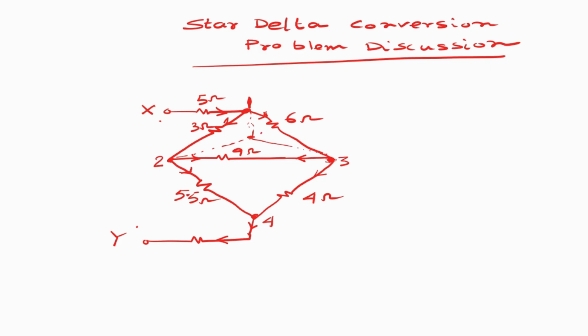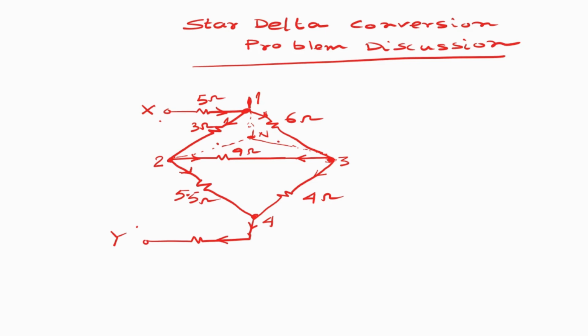So this will be the neutral point, and from the neutral point to terminal number 1, the resistance will be R1. From the neutral point to terminal number 2, the resistor value is R2, and from the neutral point to terminal number 3, the resistance value is R3.